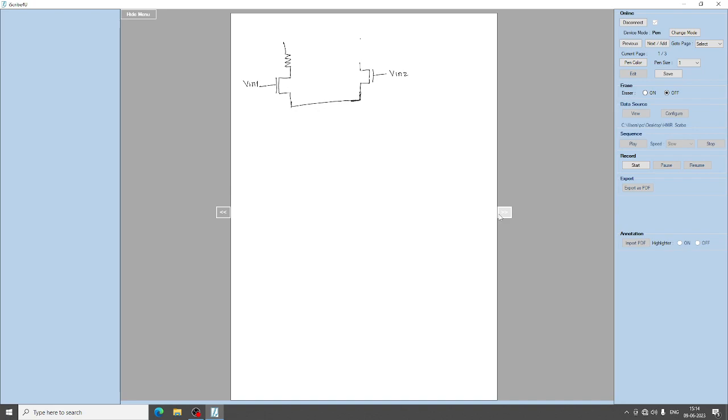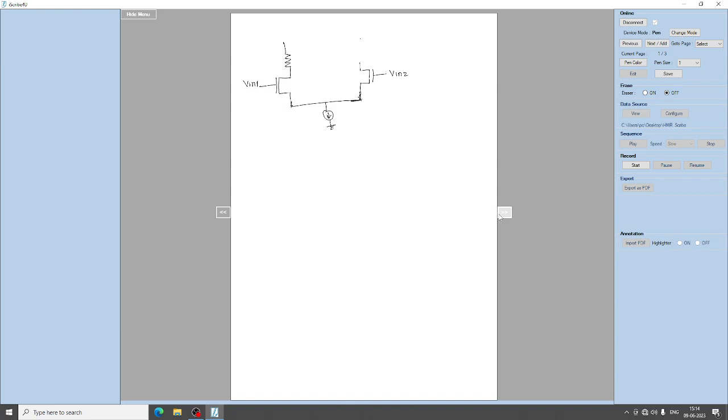Output is taken from the source terminal of the common drain and given as an input for the source terminal of the common source amplifier, and this is the current source at the tail.